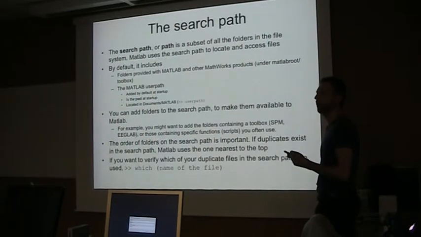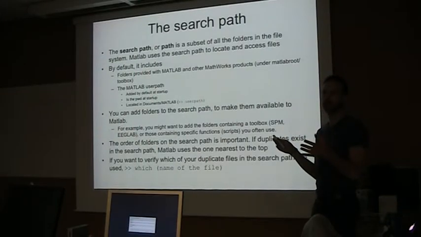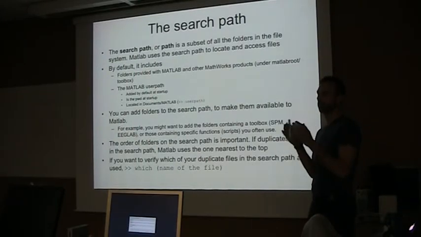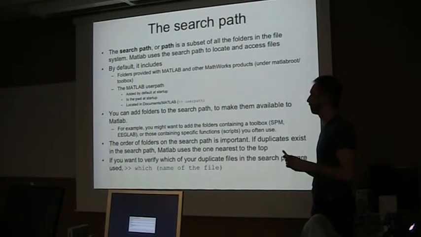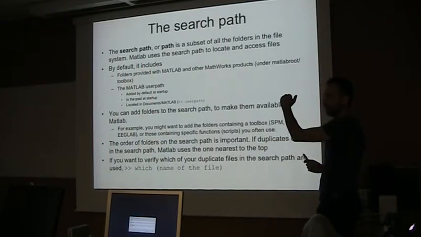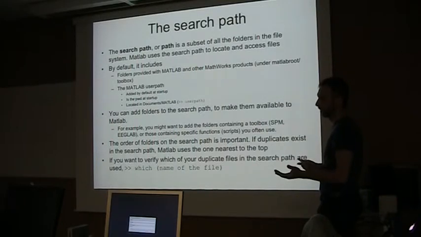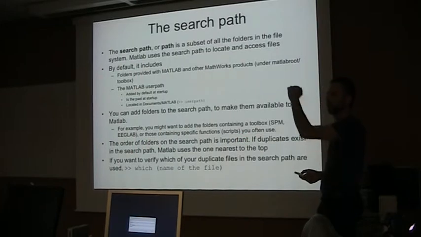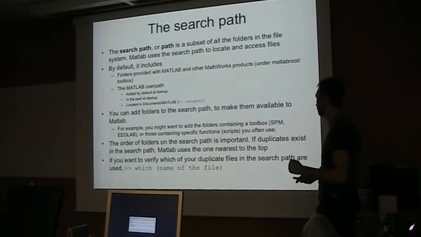Which one is MATLAB going to use when you call the function? Say the function mean: I have two functions with the same name, but they're slightly different. If I call mean in MATLAB, it's going to use the one which is highest in the search path. So if you have redundancy, it takes the one that comes first.